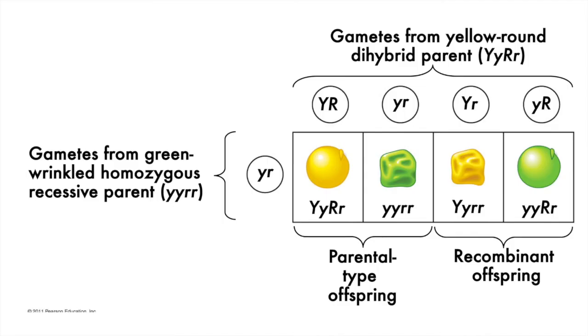In Mendel's dihybrid test cross, there was a 1 to 1 to 1 to 1 ratio of phenotypes. 50% parental types, yellow round and green wrinkled, and 50% green round and yellow wrinkled, not consistent with what Morgan found in his flies.